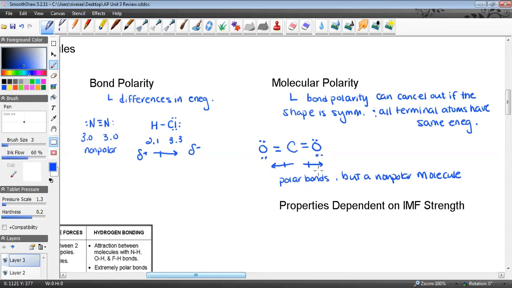Okay. So let's talk about the shapes that are symmetrical, you guys, right? The symmetrical shapes where all of your terminal atoms end up canceling out bond polarity would be linear, that's symmetrical, and trigonal planar. And when I'm talking linear, I'm talking 3-atom linear, not this HCl example, that 2-atom linear obviously doesn't have a vector to cancel with.